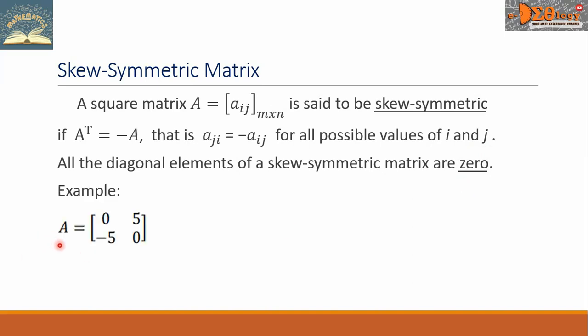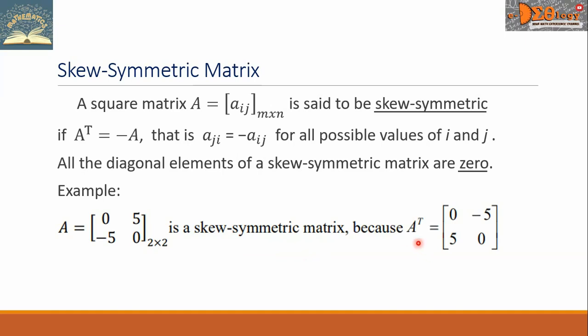Example, matrix A with elements 0, 5, -5, 0. We can see here that this is a 2 by 2 matrix. Also, the elements in the main diagonal are all 0. This is a skew symmetric matrix because the A transpose is equal to this matrix. The first row of matrix A is the first column of the A transpose.